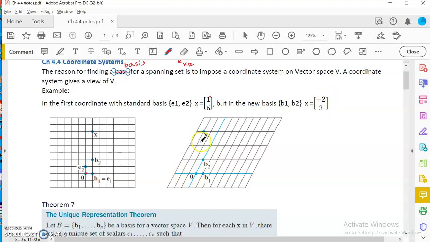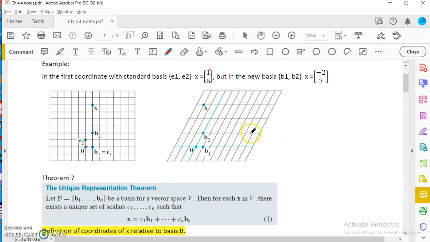You can see the same vector in 2D space can be represented in different coordinates based on different bases. So the bases are how you orient the new coordinate system.